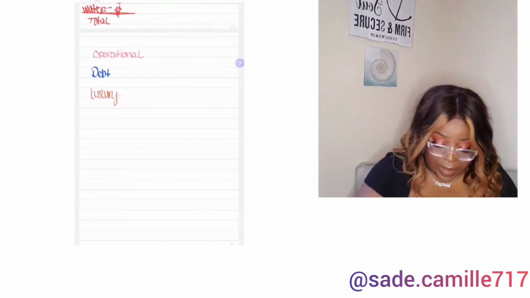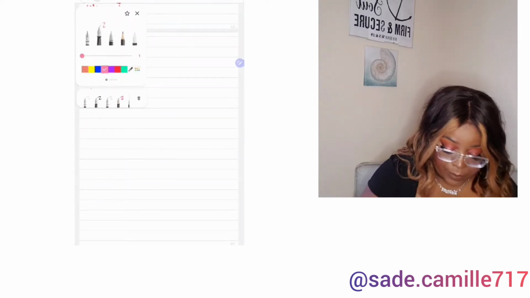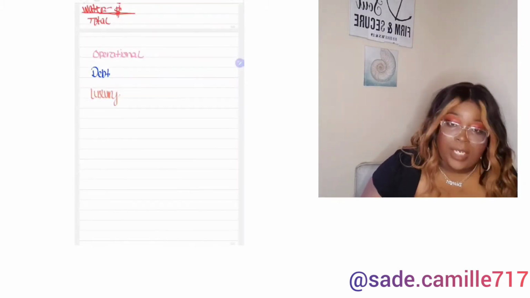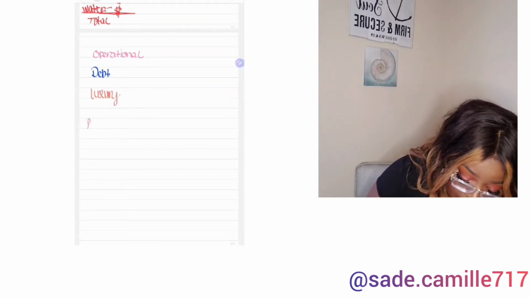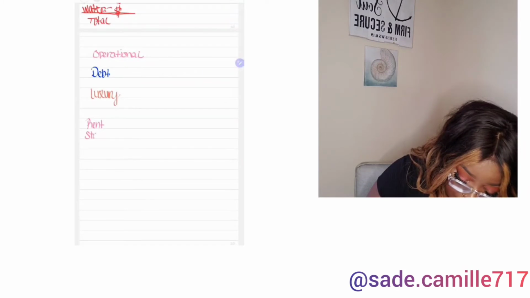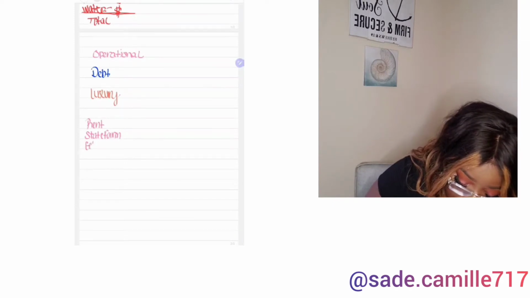Going down the list, I'm doing it in a color coordinated fashion because it makes it easier for myself. There are certain things that are just operational. So we're going to have our rent, our State Farm, and our electric.